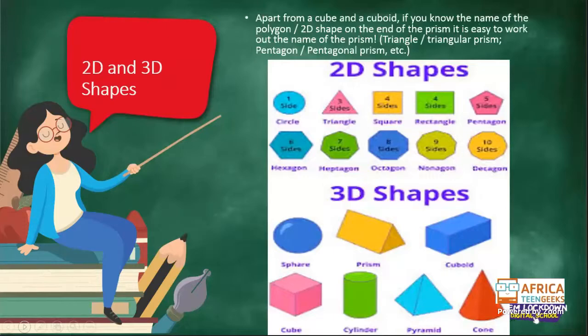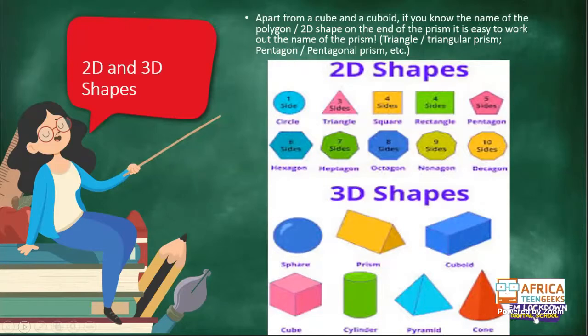Apart from a cube and a cuboid, if you know the name of the polygon or 2D shape on the end of the prism, it is easy to work out the name of the prism. For example, if you have a triangle, then that would be a triangular prism. If you notice two sides have the pentagon shape, then that would be a pentagonal prism.